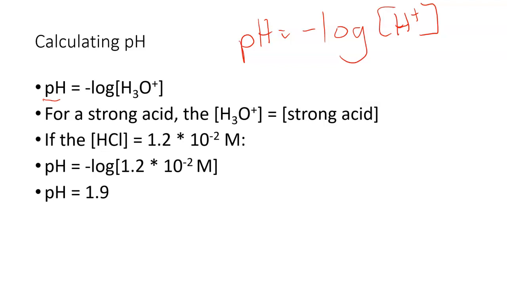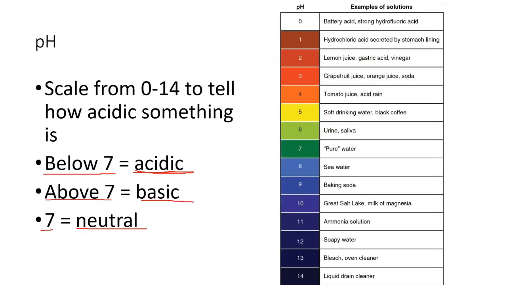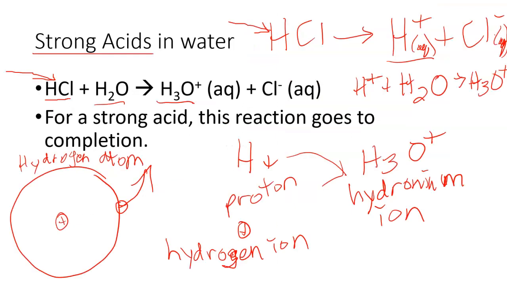Don't want you to get confused by the different ways that these are found in the world. For a strong acid, the concentration of our H3O plus is going to be equal to the concentration of our strong acid, because of that balanced equation we looked at before, where our HCl is equal to our H3O+.